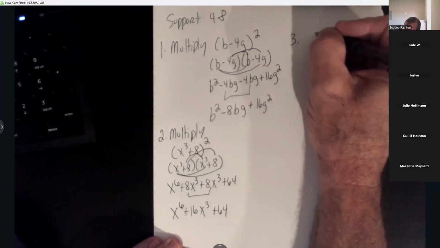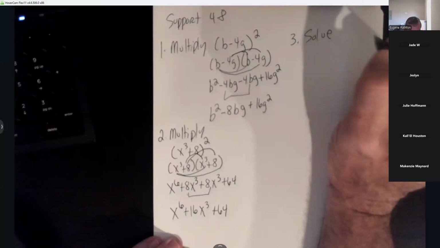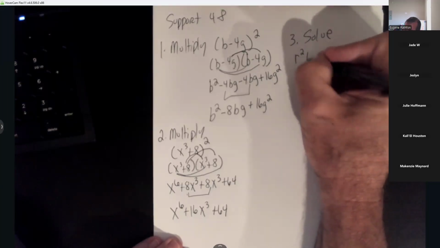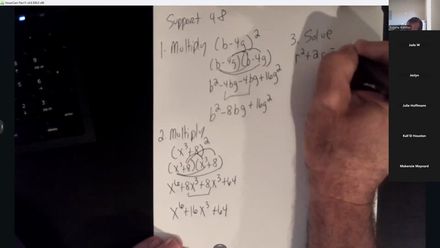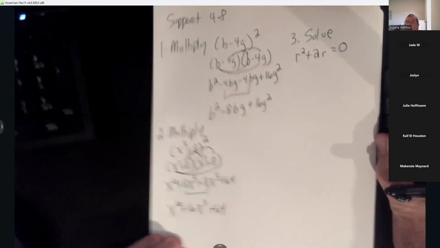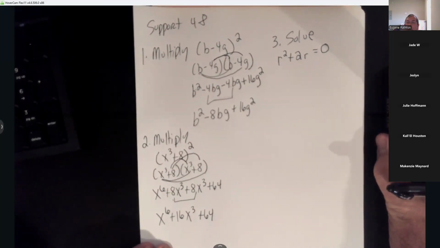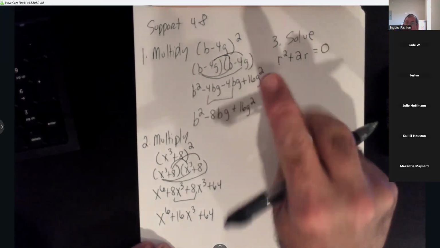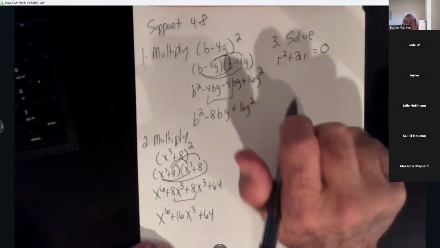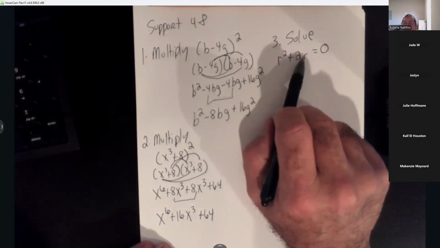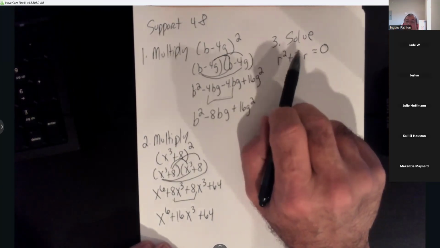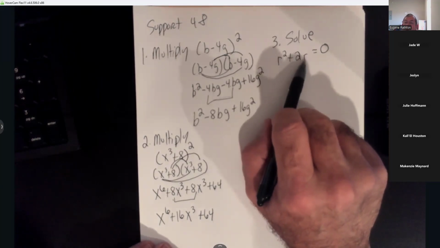All right, this one says solve. So they're giving me r squared plus 2r equals 0. So y'all, on one like this, they're trying to mess with you a little bit, but this is two terms, but it's got the r term in the middle. So you can't do square roots to this because that's not a number. That's got an r in it.